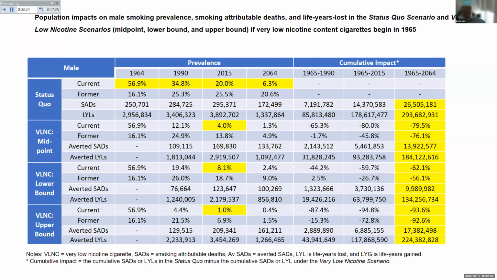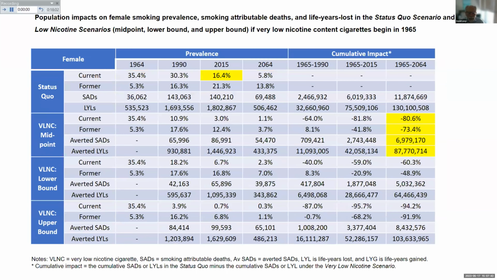So in terms of averted SADs, there are fewer averted SADs with the very low nicotine standard. With the upper bound, there's substantially more. We predict almost a 93% reduction in smoking and as many as 224 million life years averted relative to the 293 million that would have occurred in the period from 1965 to 2064.